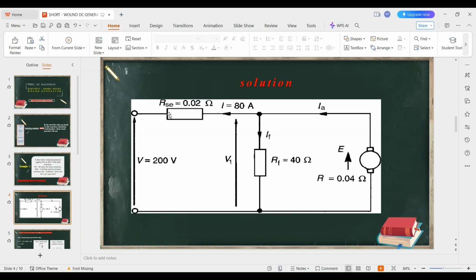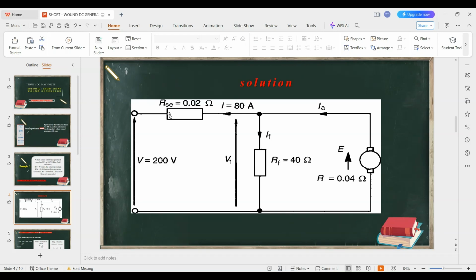And current through the load also is flowing away from the junction. Therefore, the armature current, which is going into the junction, will be given by the current that is flowing to the load plus the current that is going through the field resistance. I believe that now it is clear.